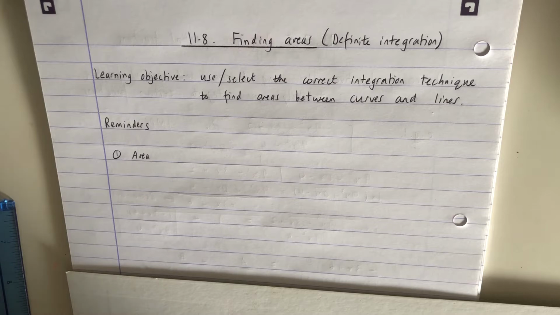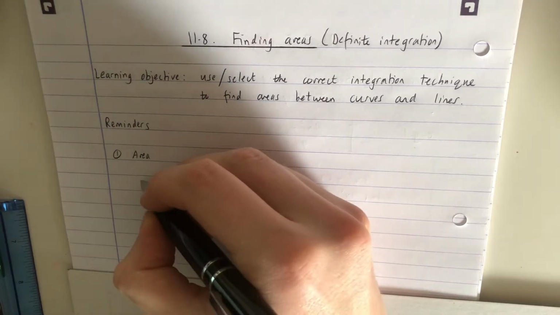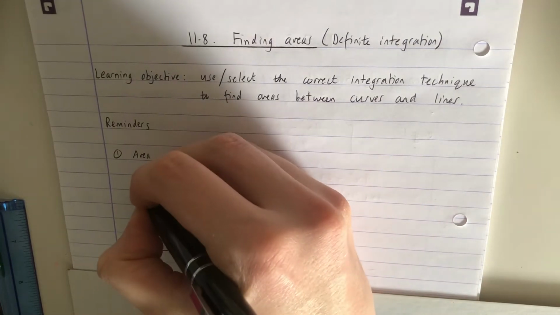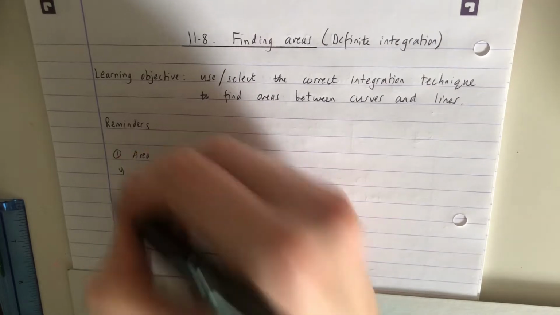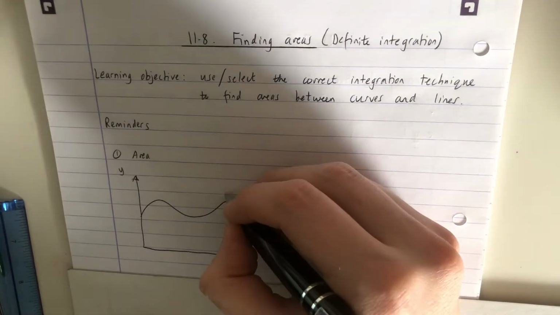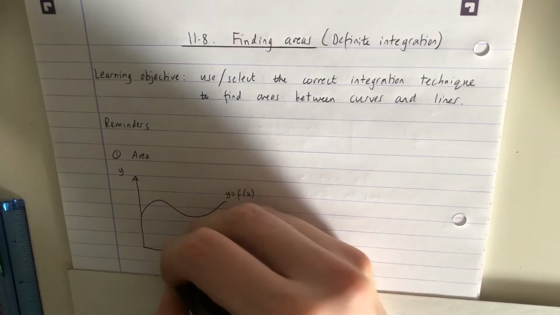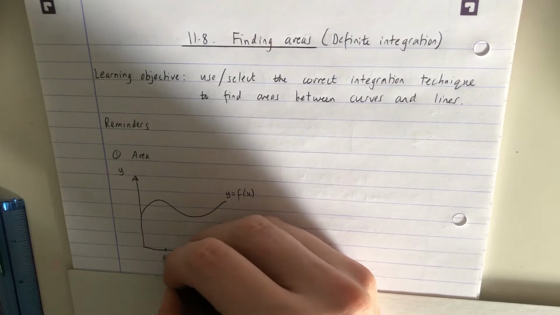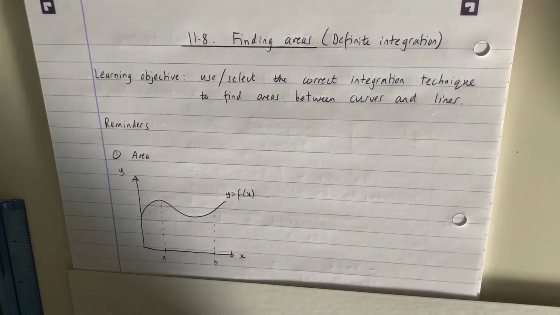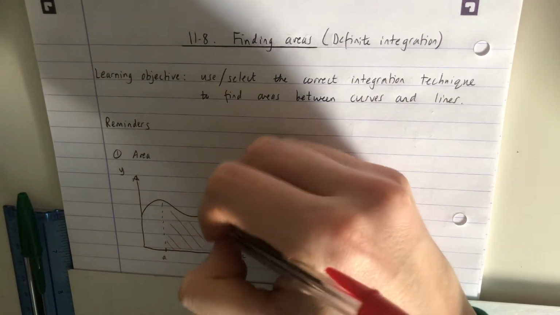First thing is about area and what you need to do. Imagine I've got just an x-axis and a y-axis like so, and I draw a generic curve, call that f of x, and I pick two x values, a and b, and I want to work out the area of that region.